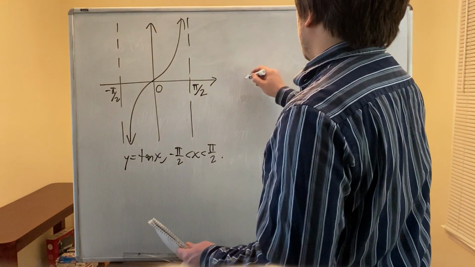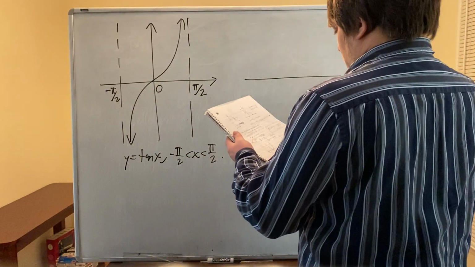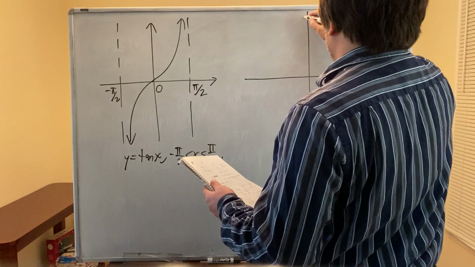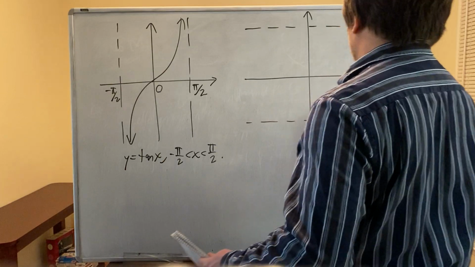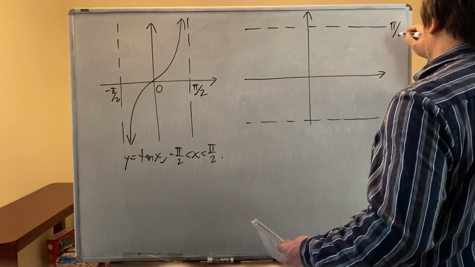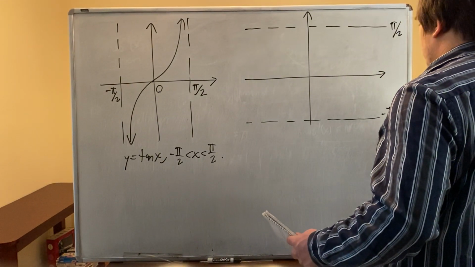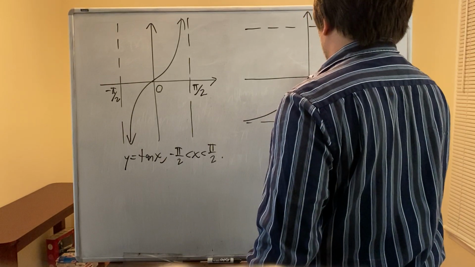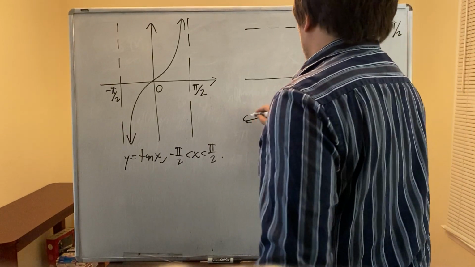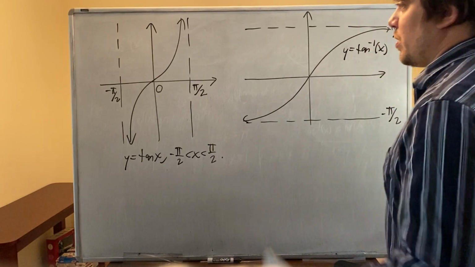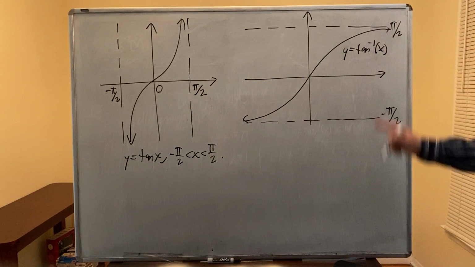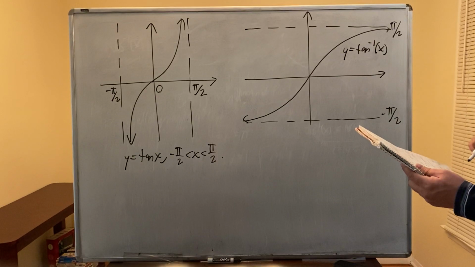So the graph of tan inverse looks like this. Okay, so this is y equals tan inverse of x. And so if you take that graph and reflect it about the line y equals x, you get this graph.